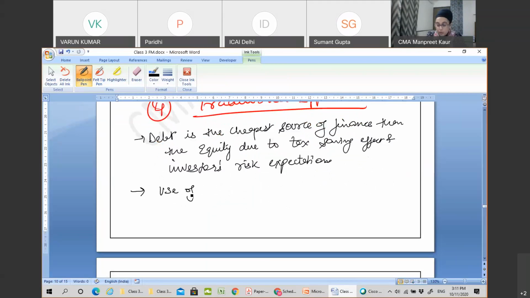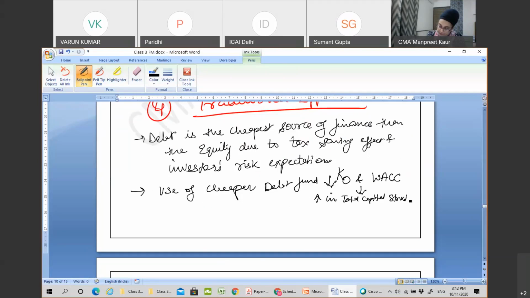reduces the overall cost of capital and weighted average cost of capital, since increase in the total capital structure. Hence, the higher the degree of financial leverage, the DFL is EBIT upon EBT.